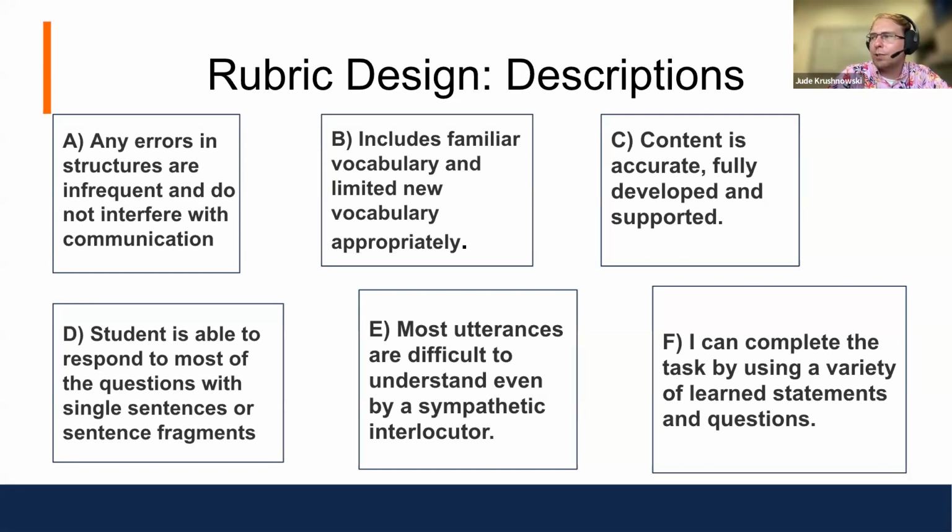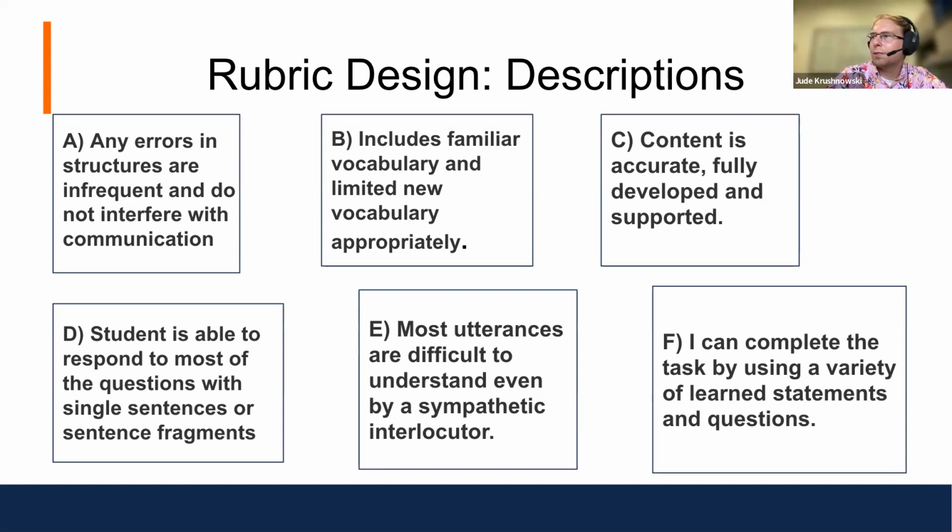Learned statements and questions, still unclear. To Karen's point, some kind of a model would be needed, right? So that students can see what exactly this is saying. Also, I think it was Grant or someone who pointed out that E, right?